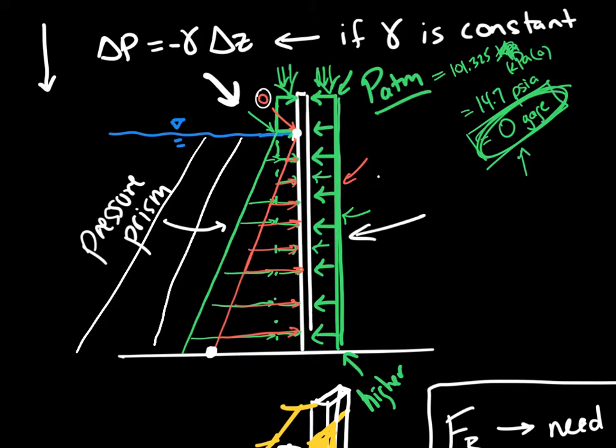So what it does is it adds a certain amount of pressure to it. So maybe this is, we'll call it P surf. The surface pressure is now no longer 0. It's some kind of value.